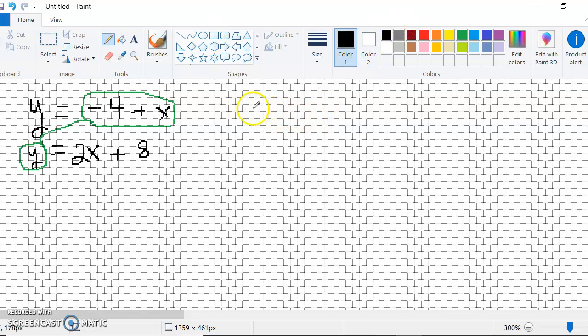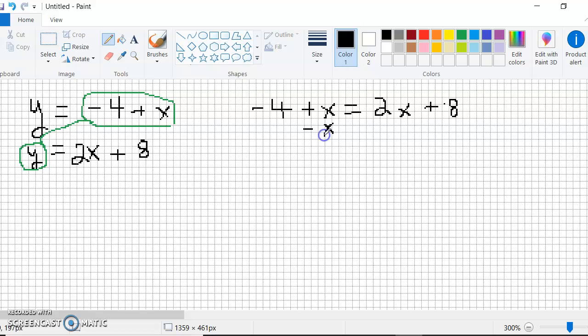So now I have -4 plus x is equal to 2x plus 8. Okay, so now I solve my equation.